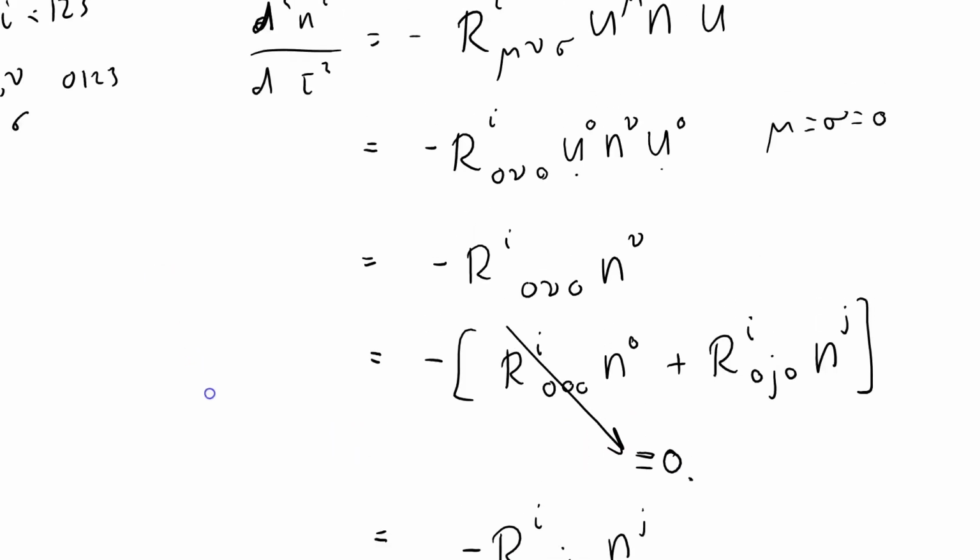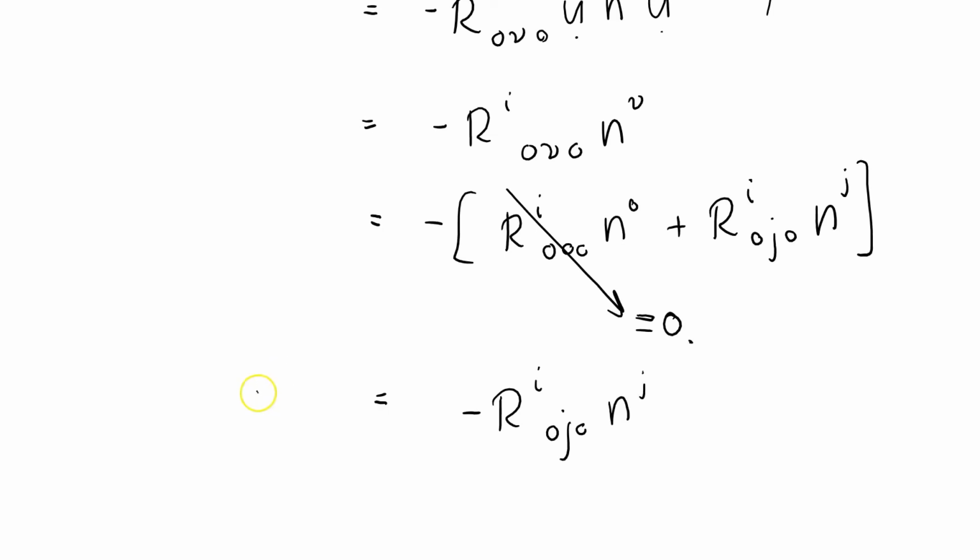And what was the left-hand side? It's up here. It's this thing here: d2 n^i by d, can I replace it with a t? Yes, it's a weak field limit, so I can put dt squared or d tau squared there. It doesn't matter.